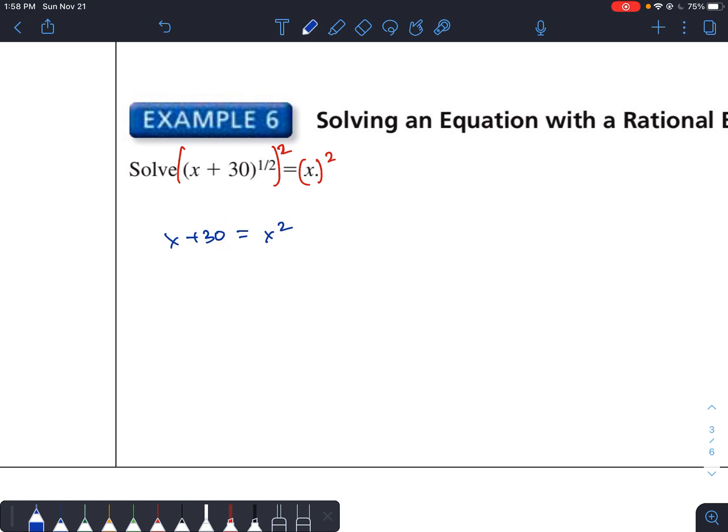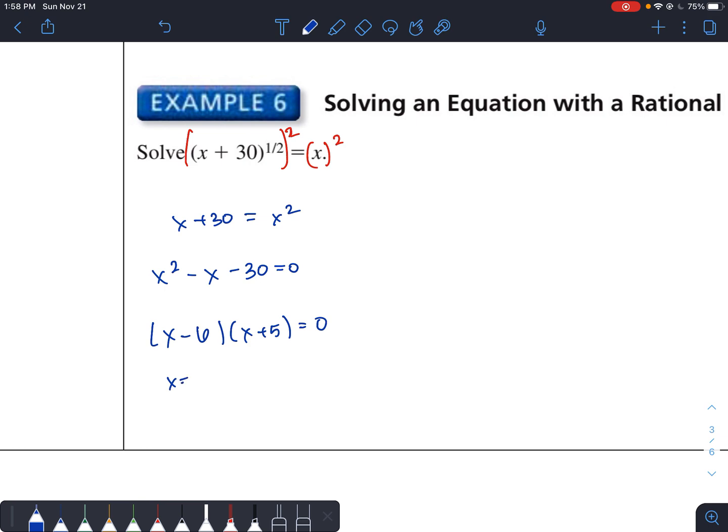So get the quadratic set equal to 0, so I could subtract x, subtract 30. So x squared minus x minus 30 is equal to 0. Factor the quadratic expression to x, let's see, minus 6 and x plus 5.